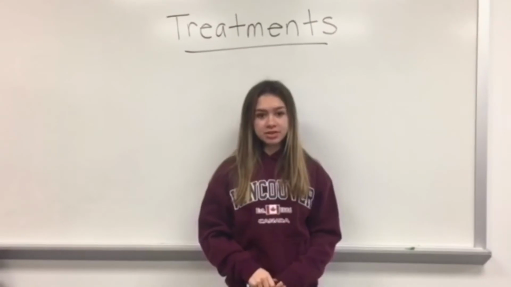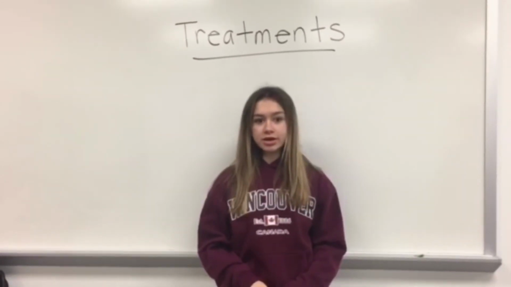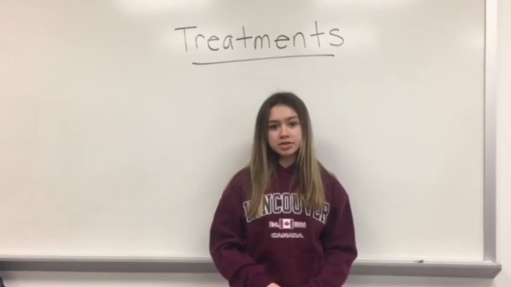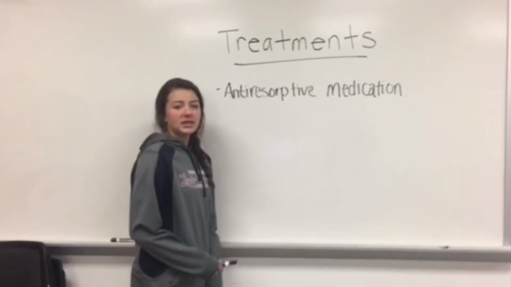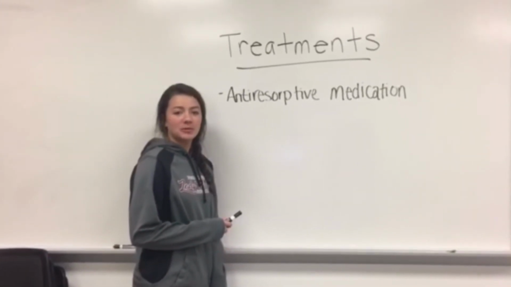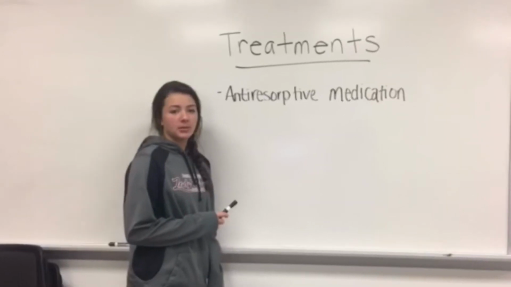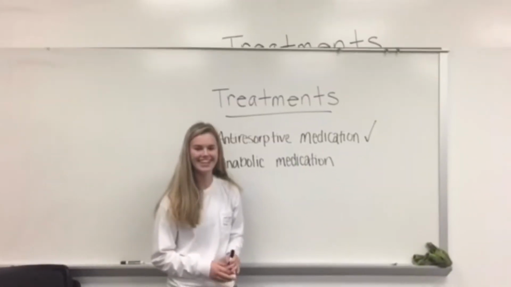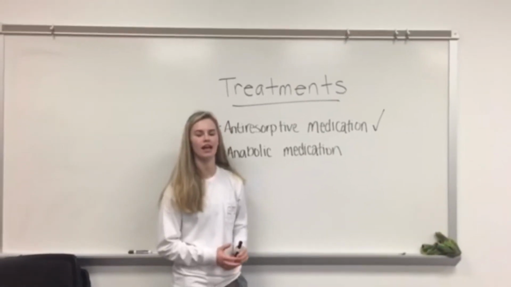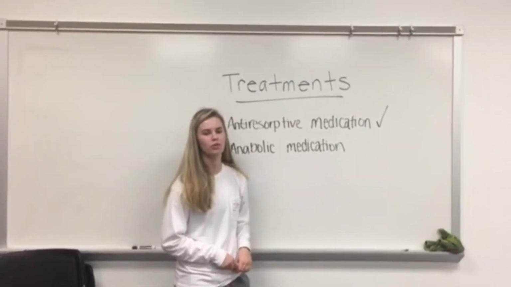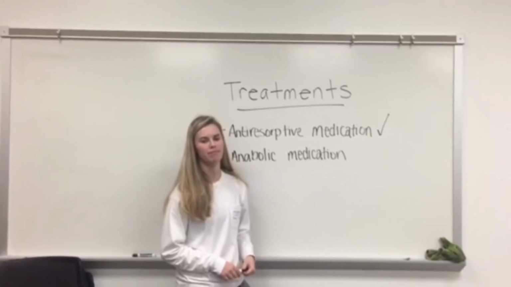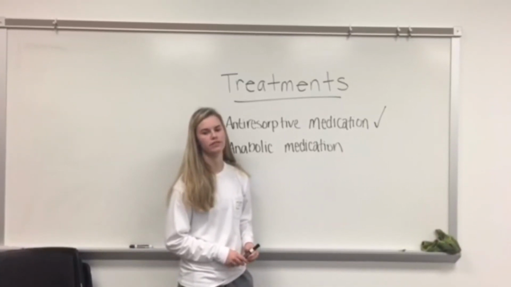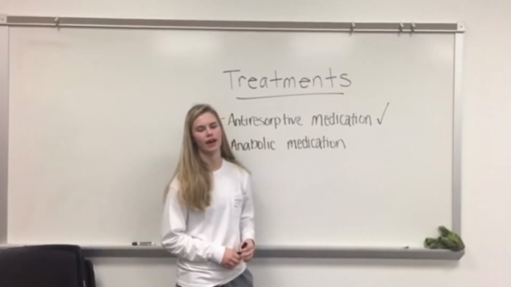Treatment for osteoporosis involves slowing the rate of bone loss or increasing the rate of bone formation. There are two types of medications for this. One type is an anti-resorptive medication, which helps reduce bone loss by binding bone and preventing normal bone cells from reabsorbing bone. Another type is an anabolic medication, which is approved to treat men and postmenopausal women who have severe osteoporosis with a risk of high fractures.